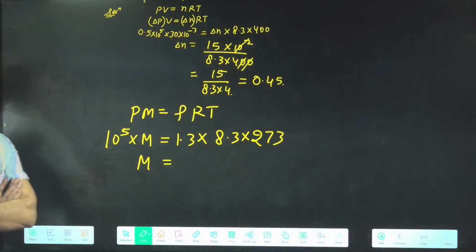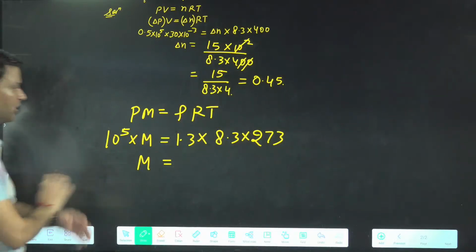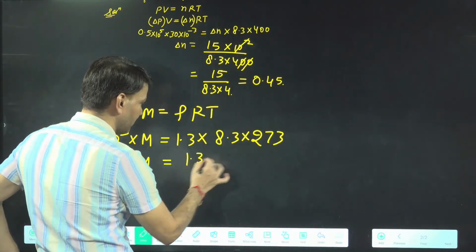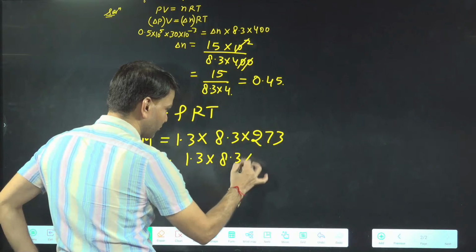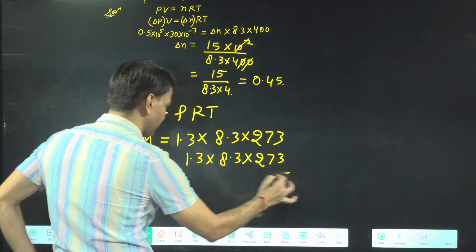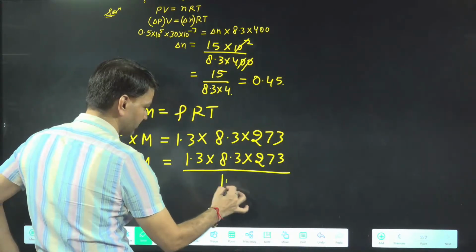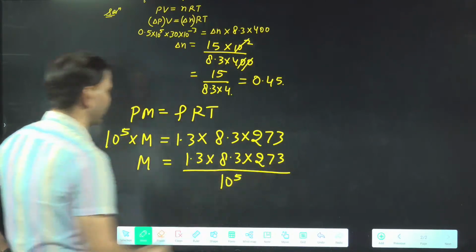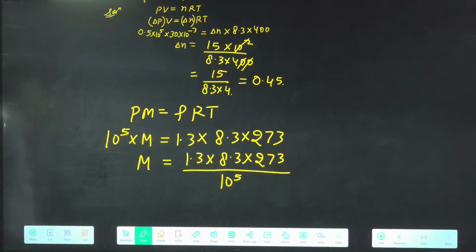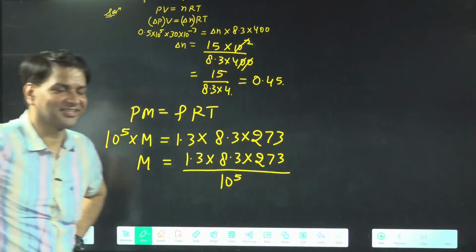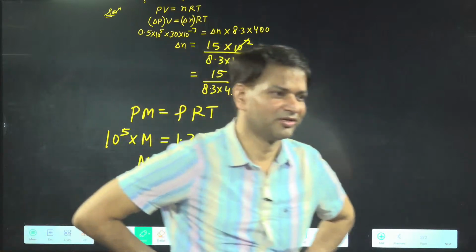At least say a common answer. The same calculation you have to do: molar mass is 1.3 into 8.3 into 273 upon 10 to the power 5. That is not a problem, only the multiplication you have to do. Calculated? What is the answer? Now a different answer, 43.16 into 10 to the power minus 3.